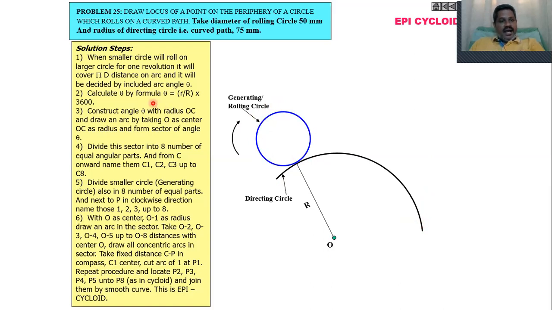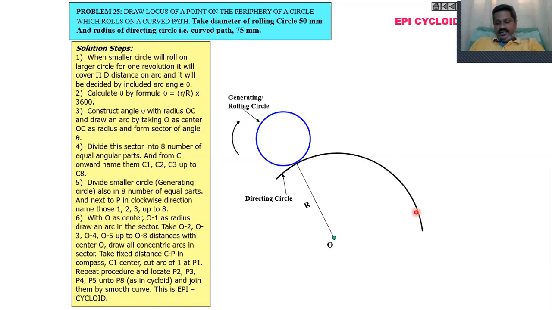That angle can be calculated using one formula: theta is equal to small r by capital R into 360 degrees. I repeat, small r by capital R into 360 degrees gives us the angular distance the generating circle needs to rotate.